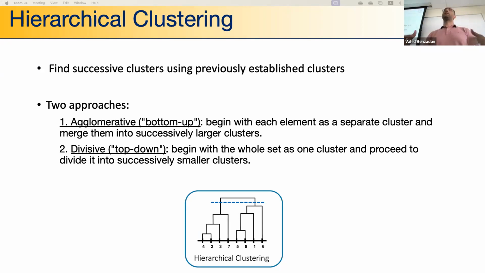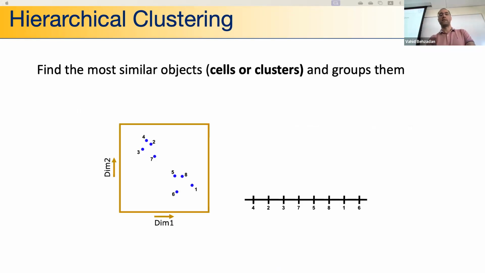The other approach is to say each cell belongs to a different cluster, and then you try to combine them. The first approach is called agglomerative, or bottom up. And the second approach is called divisive, where you start with all cells in one cluster and then you start to divide them. So this is how it works.